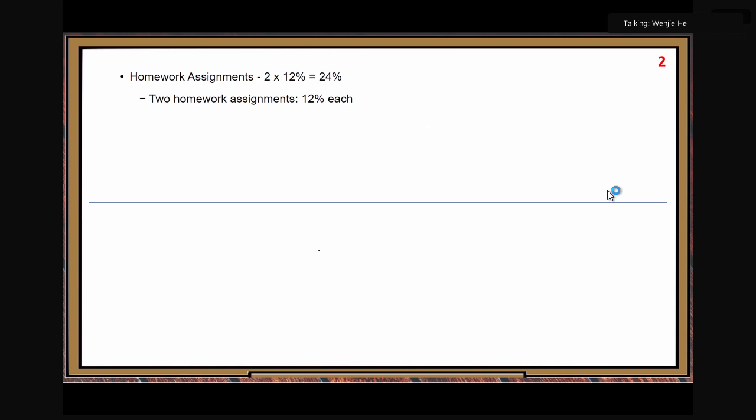The percentage is also pretty big, 12%. Just a little smaller than the test, right? 1 test, 15% here, 12%, also pretty big, each one. So that's very important. All right. Let me give you some detailed information about each big assignment.